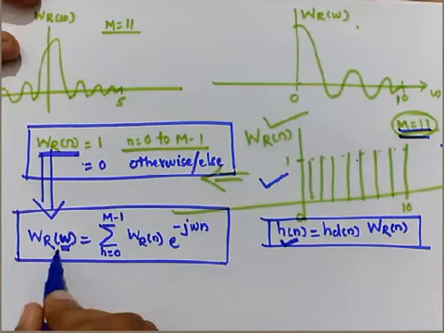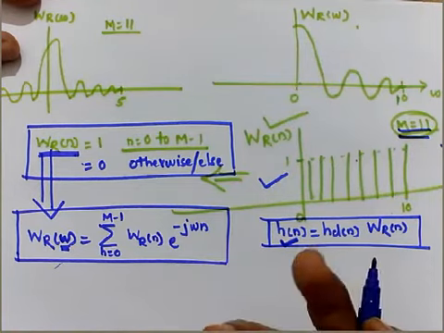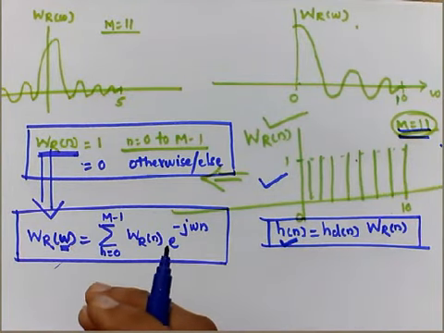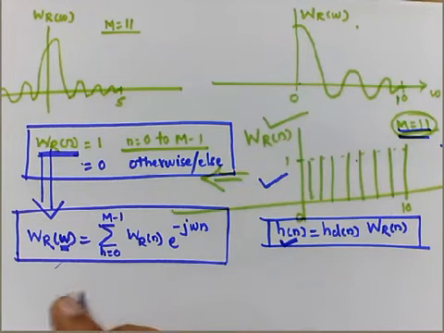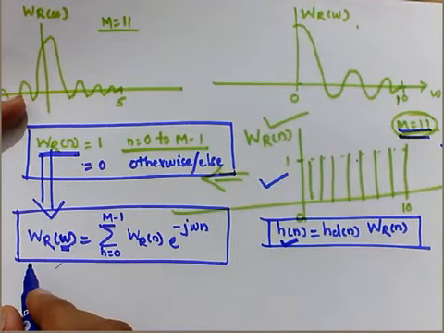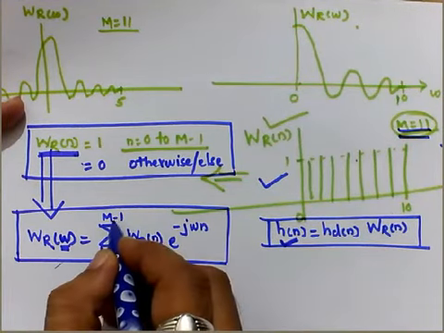So let's proceed for this WR of omega to get the frequency response or the magnitude or the phase response for rectangular window function. For this we will just further simplify it. Let's say WR of n is 1 for the range n equal to 0 to M minus 1.